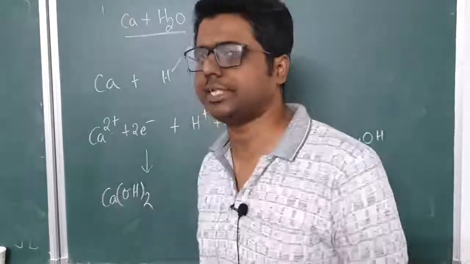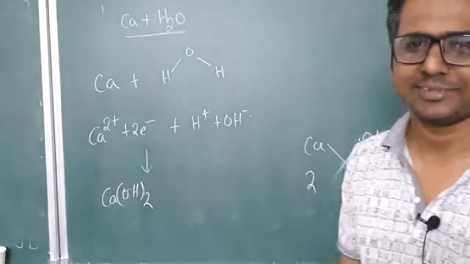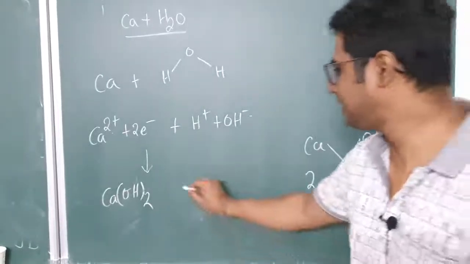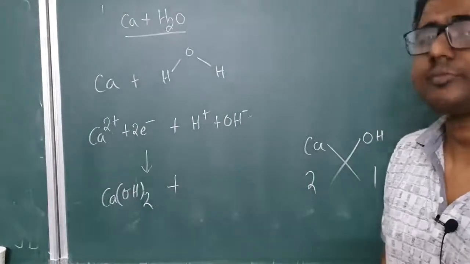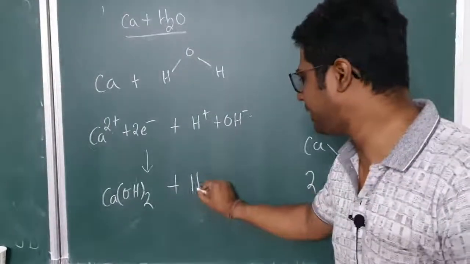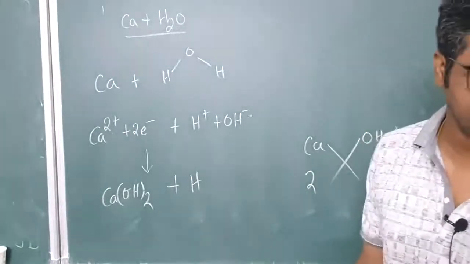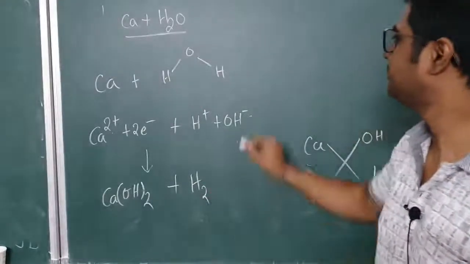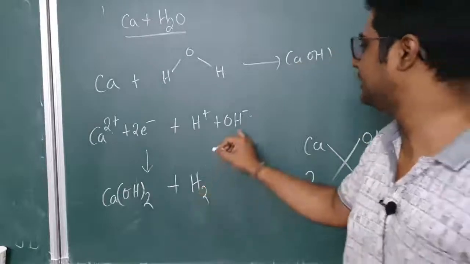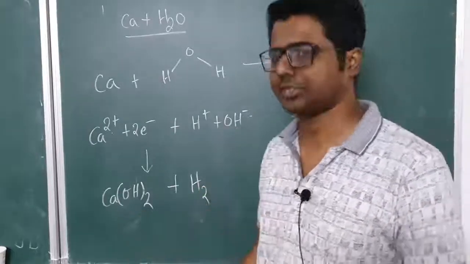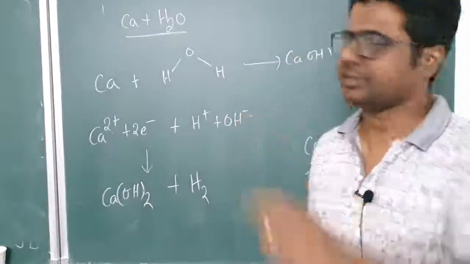So this time it is not CaOH, this time it is Ca(OH) whole twice, plus H, but H cannot be alone, so it should be H2. Don't worry about the balancing, that this is one OH and you have written two OH. Balancing we are going to do separately.